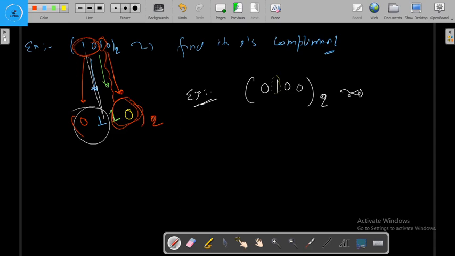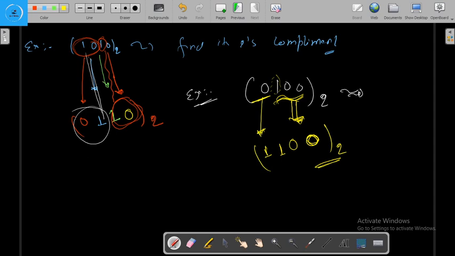So before 1, write all digits as they are, 0 0... here 1, and after getting 1 the first time, write the opposite of the rest. So the 2's complement is 1100.